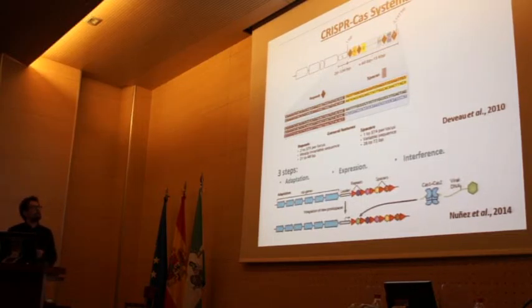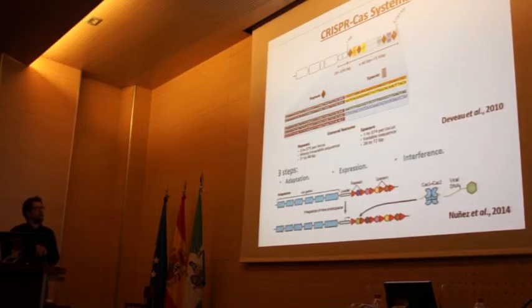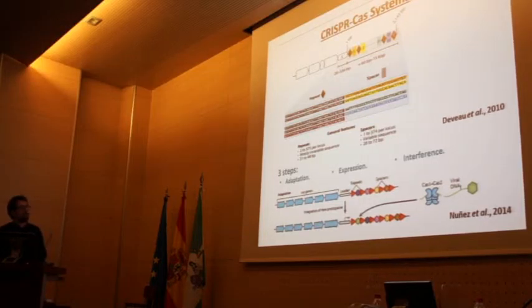The CRISPR systems are organized into loci formed by a CRISPR array, which has small DNAs known as direct repeats, separated by non-repeat sequences known as spacers, which correspond with the invasive DNA. Secondly, there is the leader sequence, upstream of the CRISPR array, where the promoter necessary for the transcription of this array is located.